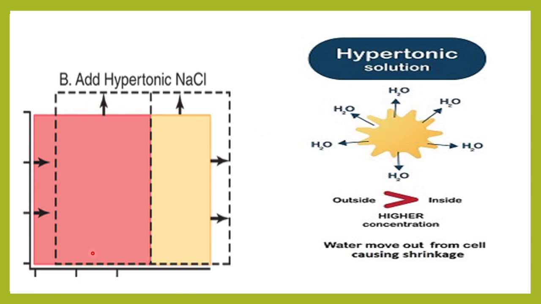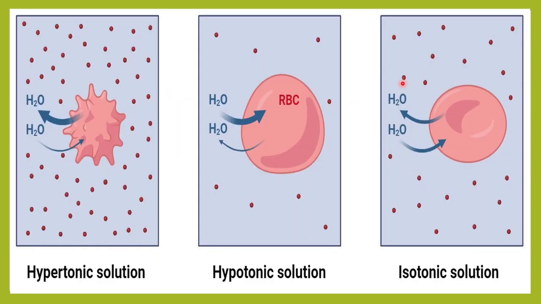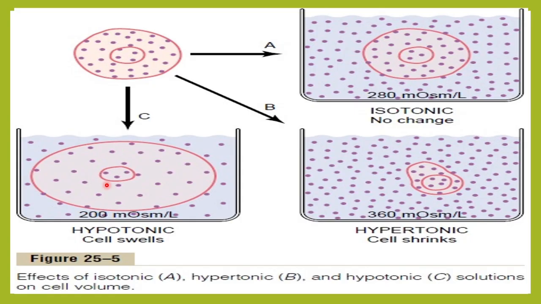So the intracellular compartment will shrink. So this happens when we add a hypertonic sodium chloride. In an isotonic solution, there will be no change in the cell. In the hypotonic solution, the cell will swell, and in hypertonic solution, the cell will shrink.